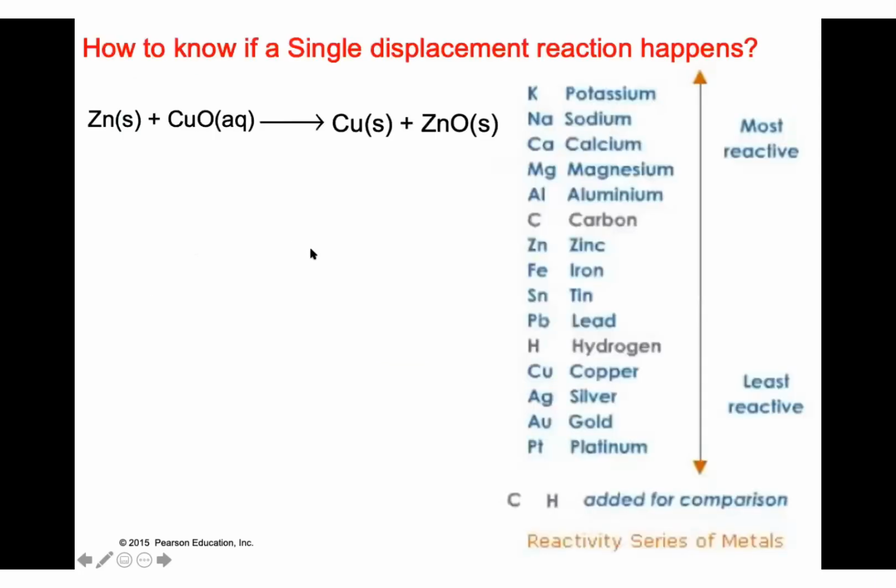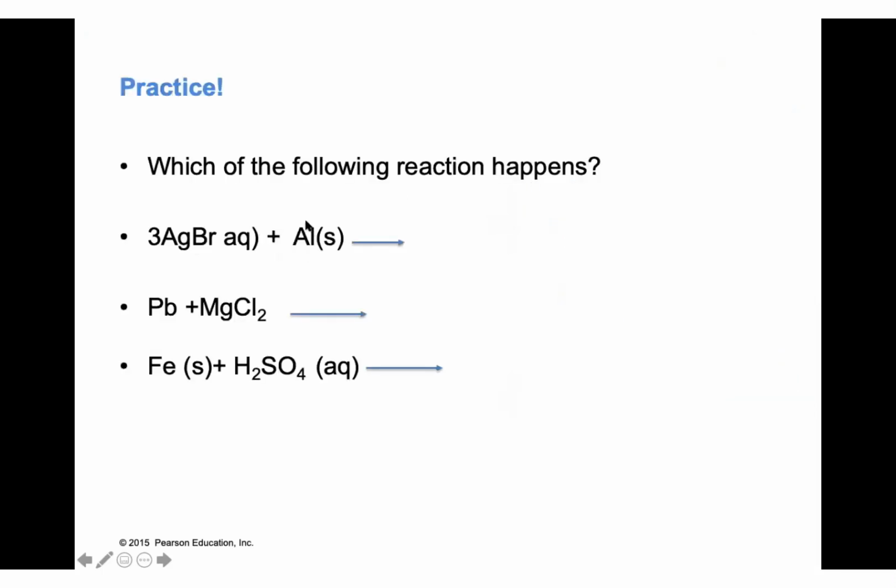Let's go back to the table. Where is Ag? Ag is here. Where is Al? Al is higher, right? Which one is alone? Al is alone, right? So do you think it's happening or not? It's happening because Al is single and is the most reactive element. So here the reaction happens.